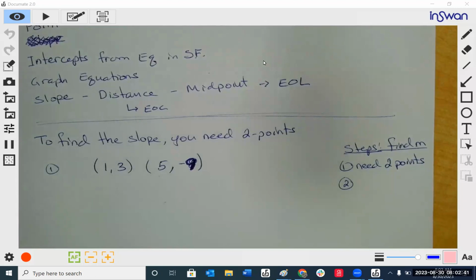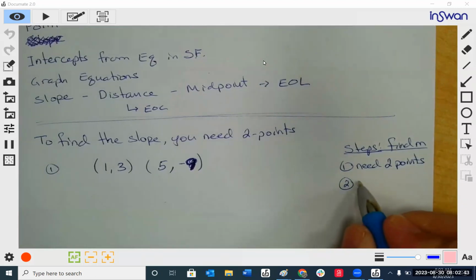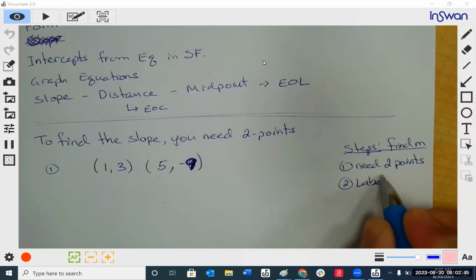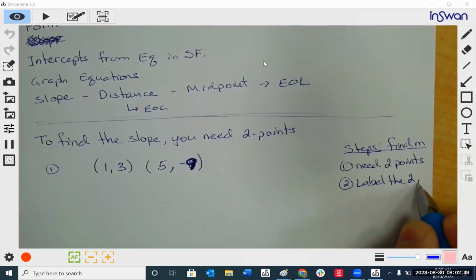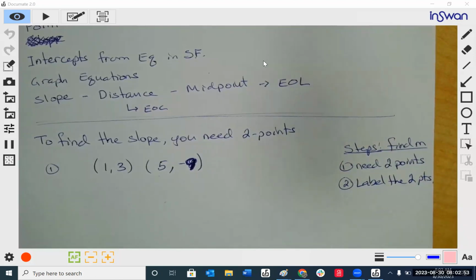Very good. That's exactly what you should always do. Label the 2 points. Because I guarantee you, I've seen too many times where students don't label their points and they just start reusing the points or put them in the wrong order.